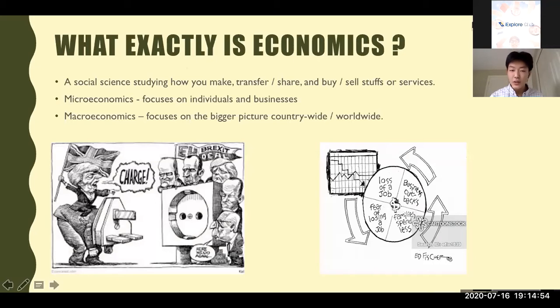But now, what exactly is economics? Well, I just told you the purpose of it, but I didn't tell you what it is. So it is actually a social science studying how you make, transfer, and buy or sell stuff or services. So there's always production in an economic system. So people who make things and produce them.